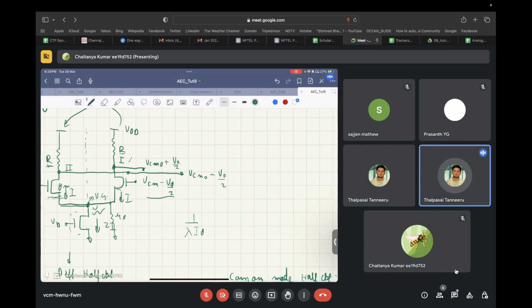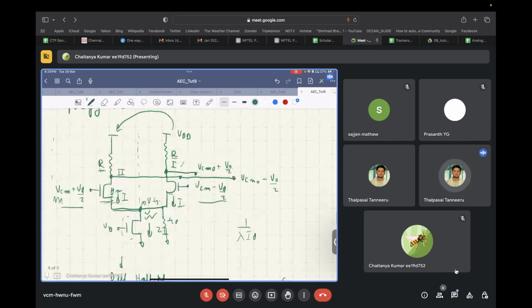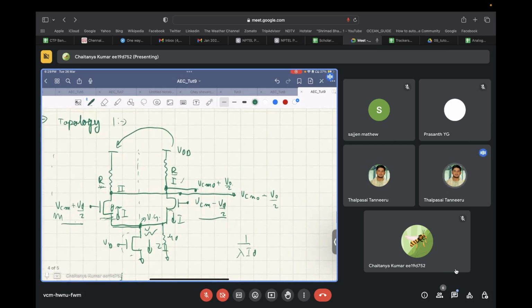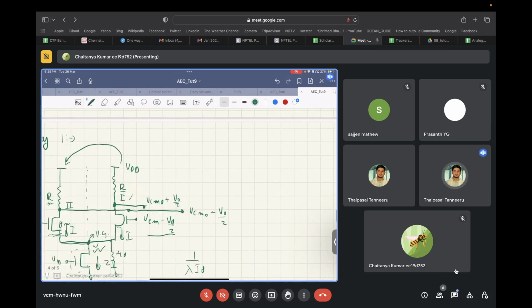Sir, if the circuit is not symmetric, I know how to find out the differential gain, but I am getting confused about how to find out the common mode gain. In that case, you will have to find all the gains. For a perfectly symmetric circuit, the gain between output common mode and input common mode will be some non-zero quantity.